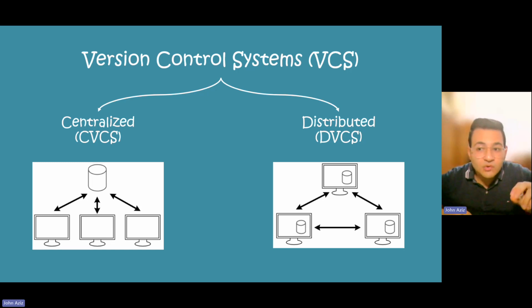In a centralized version control system, only one device has everything. But in a distributed version control system, each device has the same version of the code. So in the centralized one, each device has its own piece of the code that is found in a centralized repository located somewhere.